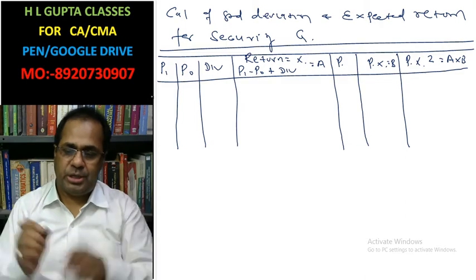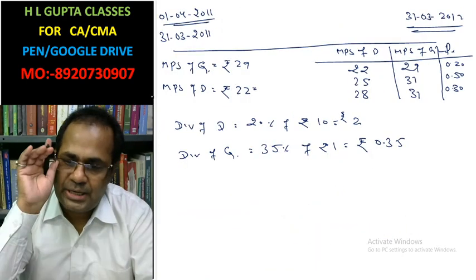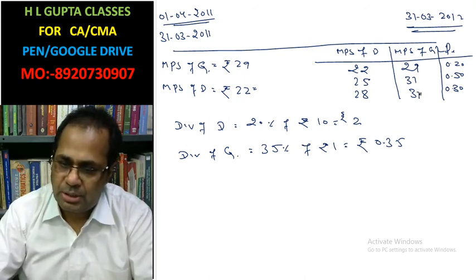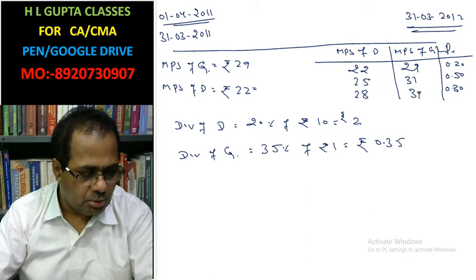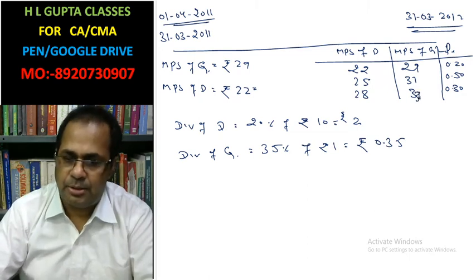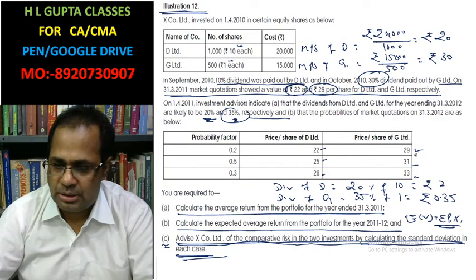What is the P1 in this case? P1 is considered for G, market price 29, 31, 33. Look at here.